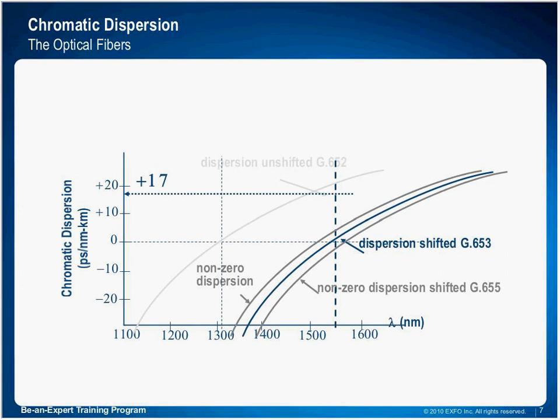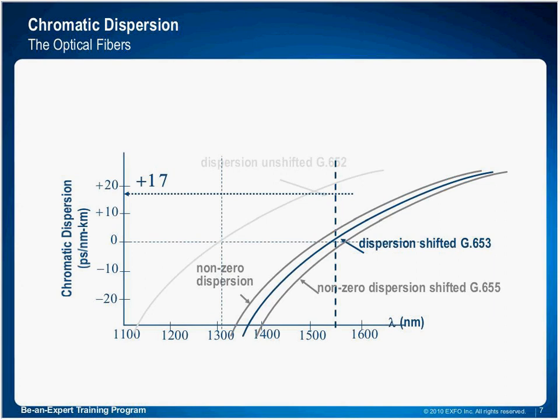Now, beneath this G.652 curve, there are three other curves: dispersion-shifted fiber and two non-zero dispersion-shifted fibers. So we've got the G.653 and G.655.